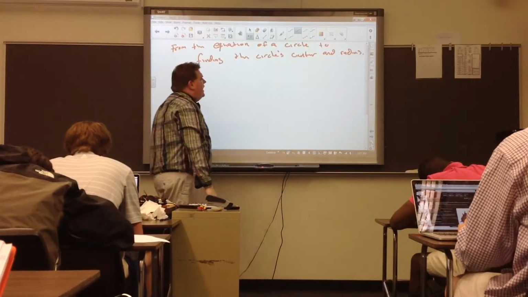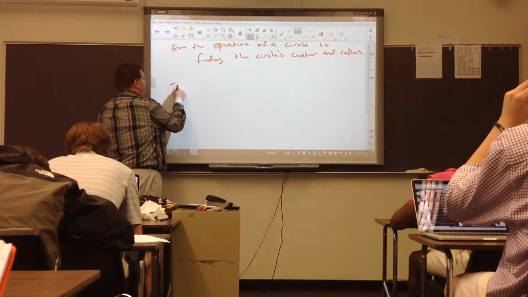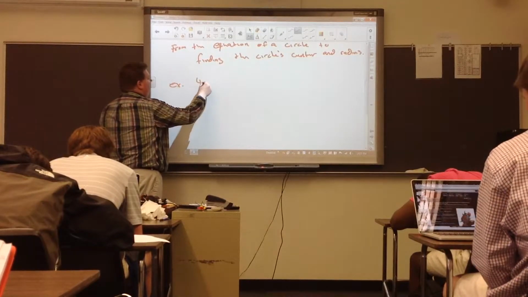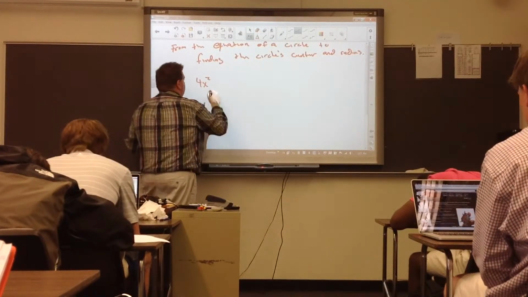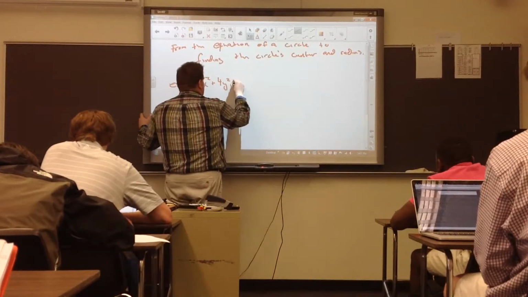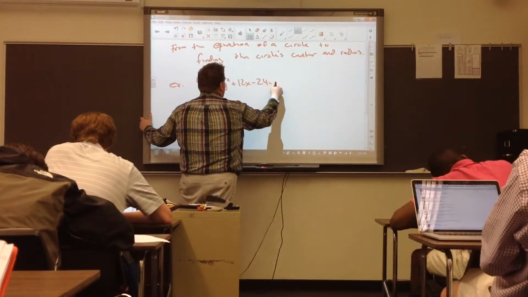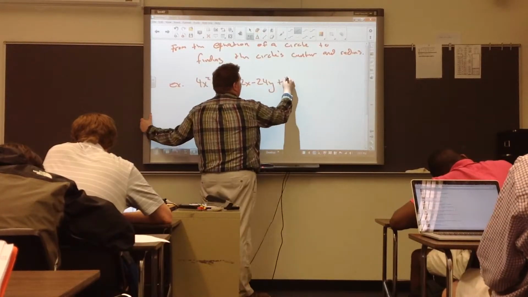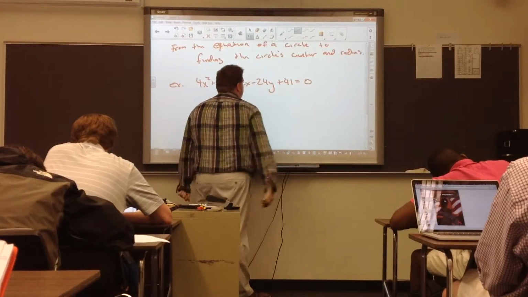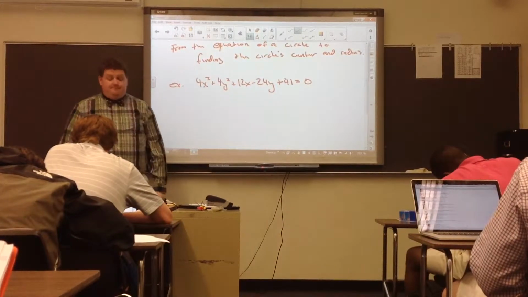Okay? Alright, so oftentimes you'll see a circle written like this example problem here. My example would be 4x² + 4y² + 12x − 24y + 41 = 0. A lot of times, this is what you see instead, okay?